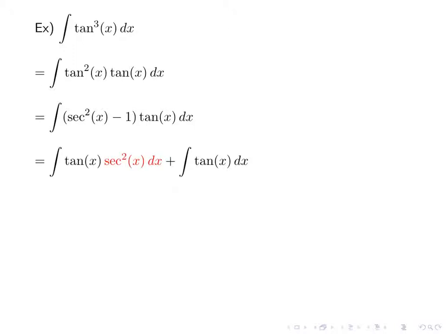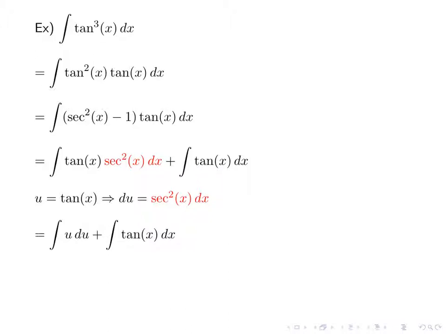Then I distribute the tangent, and I'm going to split up the two integrals. So I've got tangent x secant squared x dx plus the integral of tangent x. And again, because we have secant squared x dx, I'm going to let u equal tangent x, so that du is secant squared x dx.